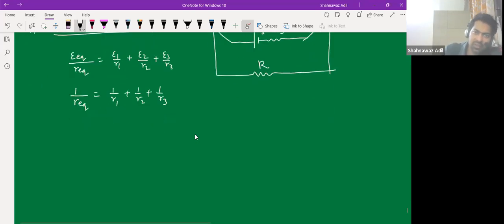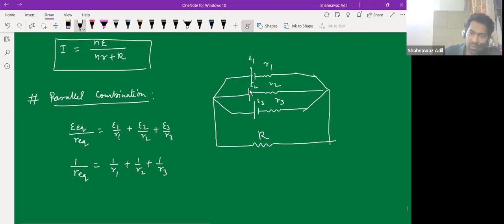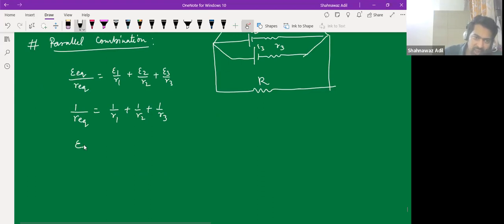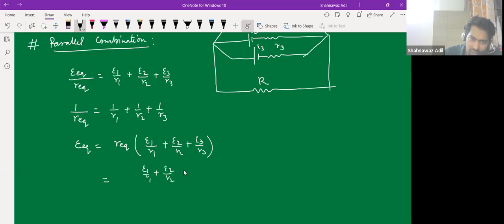The same thing will happen if we have different polarity, then the sign will be different. We can calculate the E equivalent from here. That would be R equivalent multiplied by E1 by R1 plus E2 by R2 plus E3 by R3.